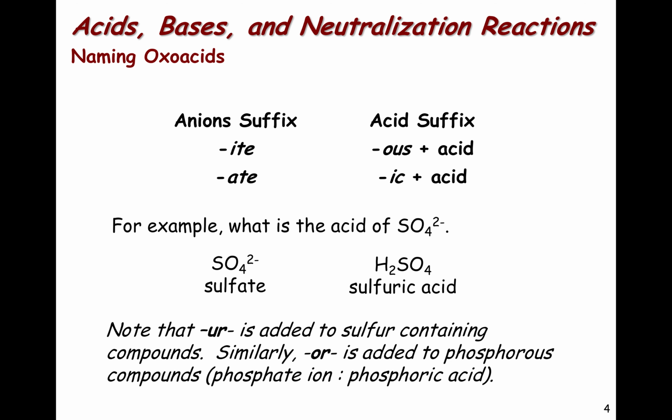The crucial thing is that the sulfur-containing compounds are going to have the possibility of being ate or possibly ite, so there's a sulfurous acid as well. Likewise, there's phosphate and phosphite, so we could have phosphorous acid or phosphoric acid.